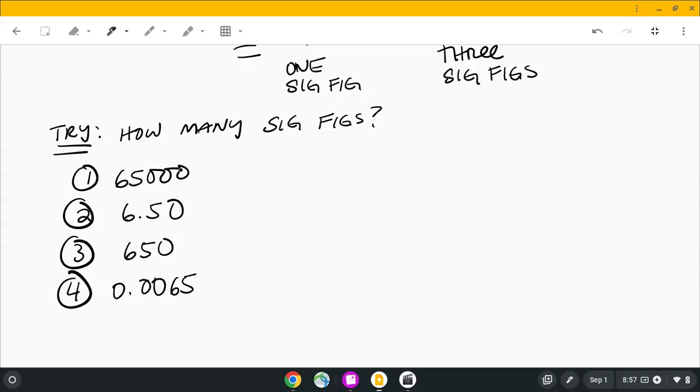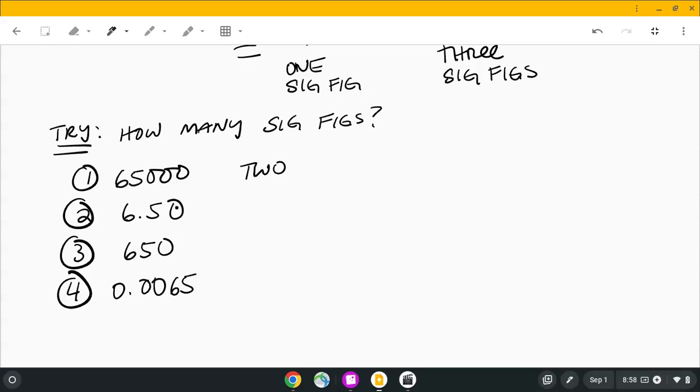All right, so this one here, no decimal present. So how many significant digits are there? 1, 2. Trailing zeros don't count. They only count if you have a decimal. So this one has 2. Here, how many significant digits do we have? Decimal present, trailing zero will count.